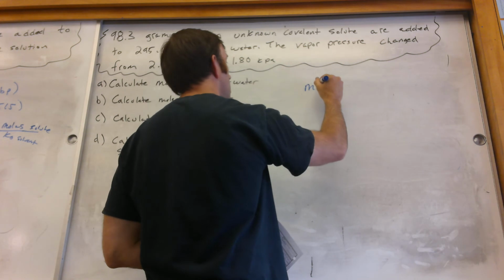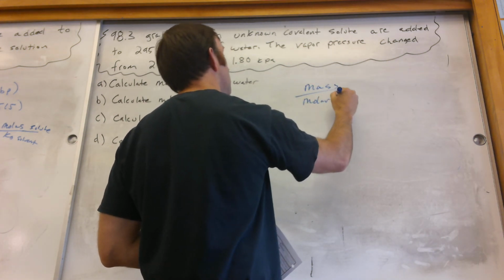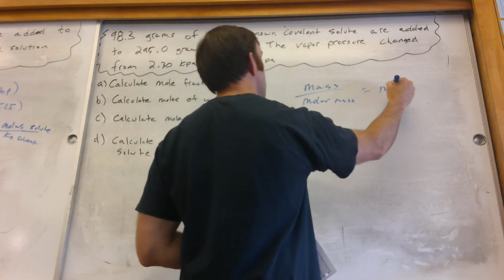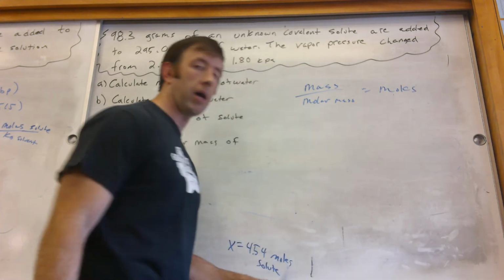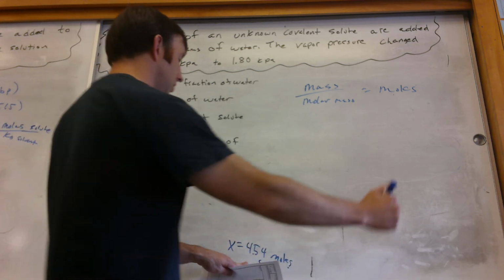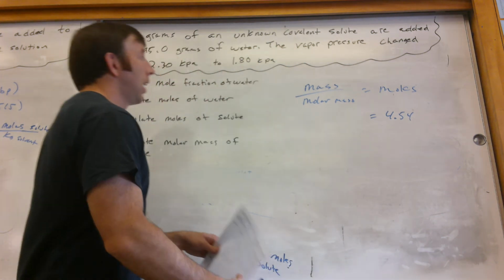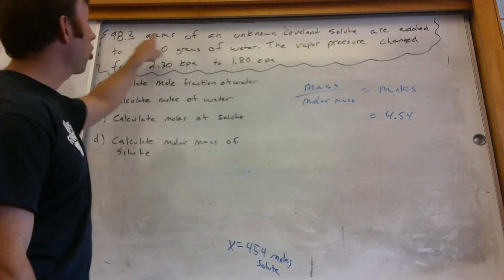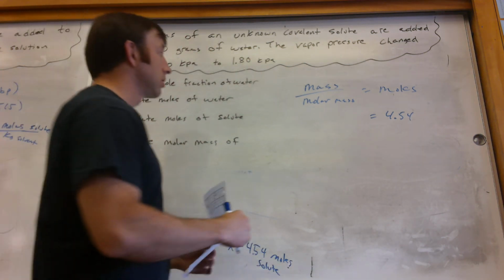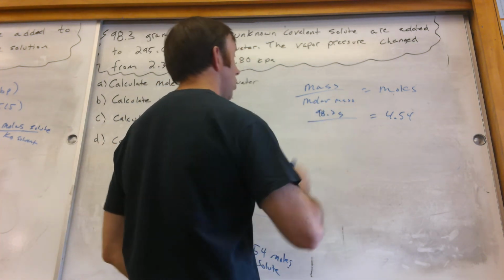So remember, mass over molar mass equals moles, right? That's that instant recall equation. I know my moles, 4.54, which I just found. I know my mass because Mr. Huberberg told me that was the mass in the question. Right? What I don't know is my molar mass.